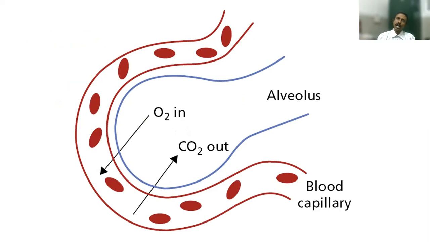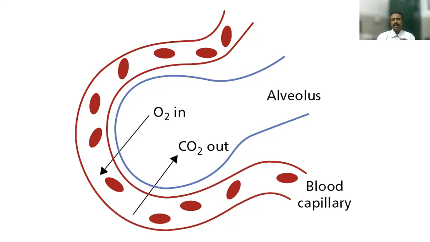Remember, this dissolved carbon dioxide is always in equilibrium with the other forms of carbon dioxide, be it combination with the proteins in the form of hemoglobin or in the form of hydrogen ion and bicarbonate. So there's always an equilibrium.